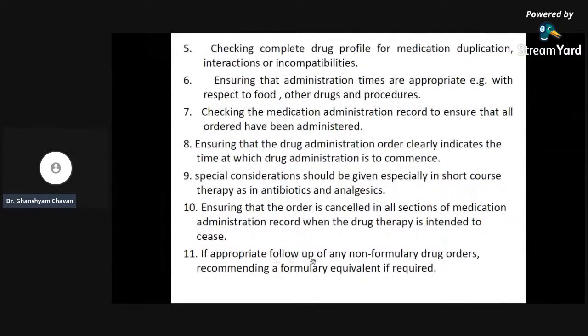We are taking the risk, and when you are taking the risk, it is our responsibility to check on that patient always, and to ensure whether that drug is producing any adverse effects or not, or whether it is producing the expected results or not. We should always ensure that completely, and then we should go for the therapy.